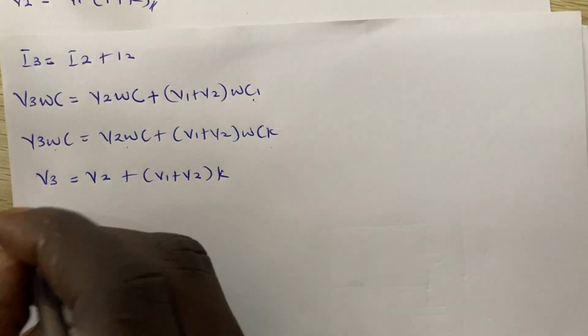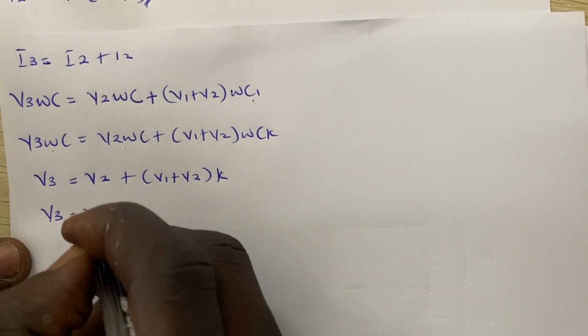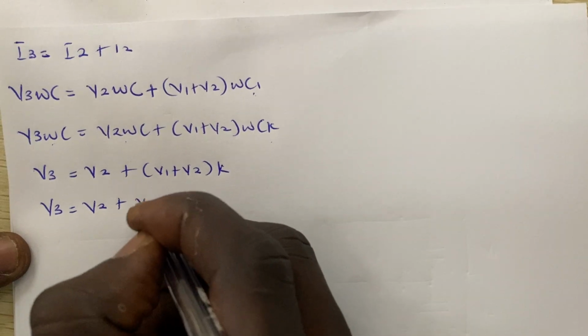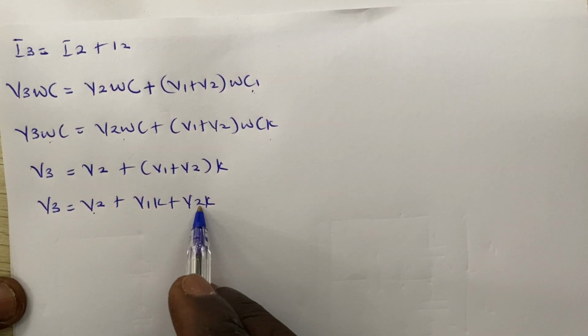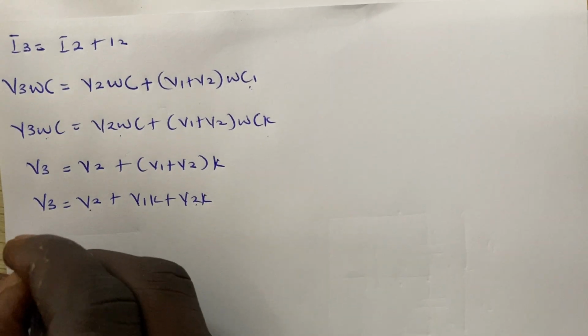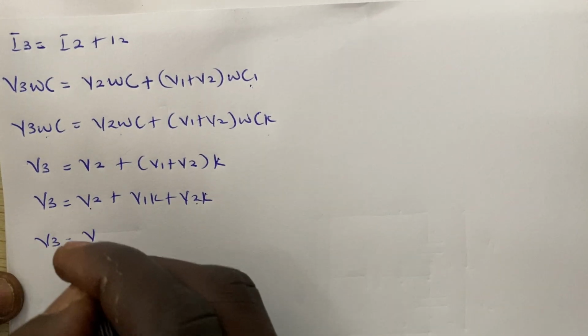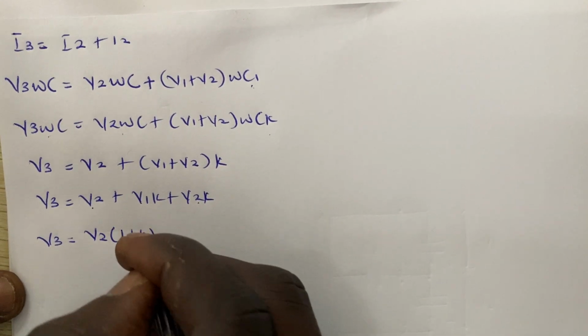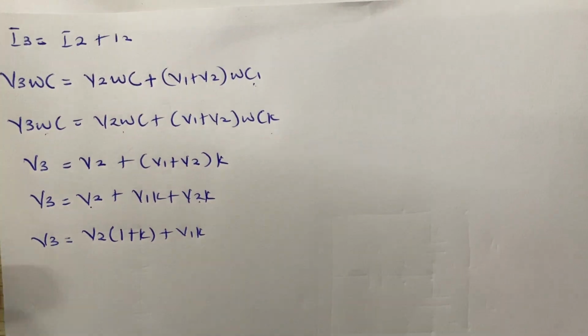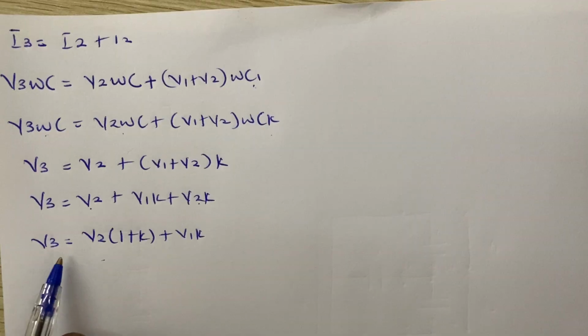So when we expand, we'll get V3 is equal to V2 plus V1K plus V2K. Now we have V2 here, we have V2 here, so we can group like terms. So we are getting V3 is equal to V2 into brackets 1 plus K plus V1K, right? And this is our expression for V3.